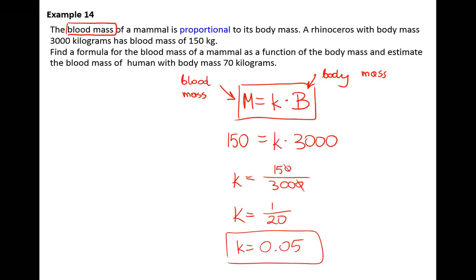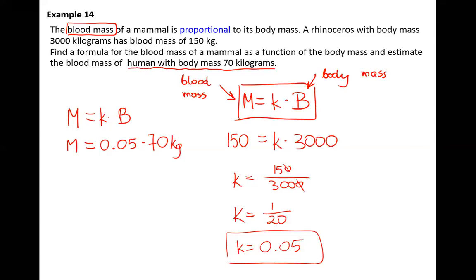Now let's see. The mass of the blood equals K times the body mass. I know that the coefficient is 0.05, and I want to find the amount of the blood, what's the weight if the weight of the human is 70 kilograms.